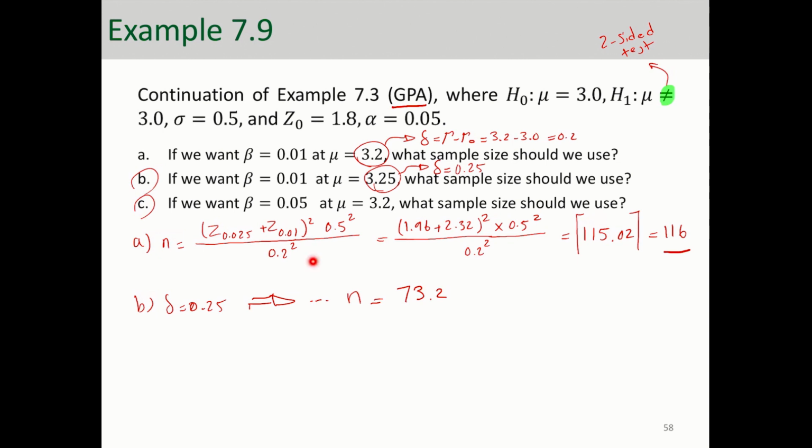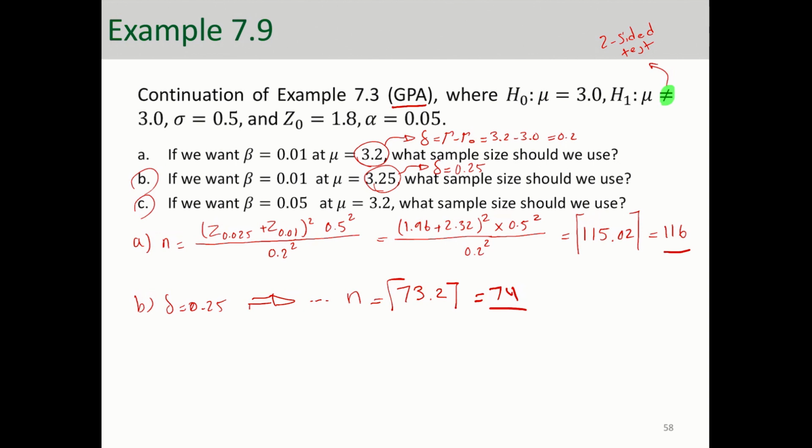Basically everything is the same here except this 0.2 squared becomes 0.25 squared. And then you have to round that up, that is 74. So we need a smaller sample size compared to part A, because now we have a larger delta. And that makes sense. If the difference between what you're hypothesizing and what is truly happening in the population is more, then with a smaller sample size, you'll be able to identify that.